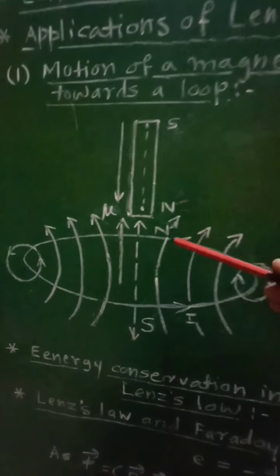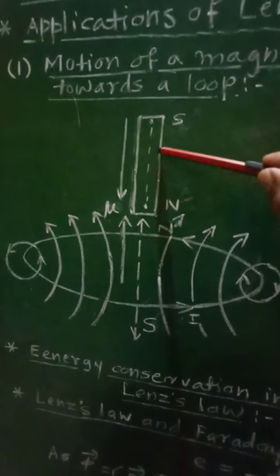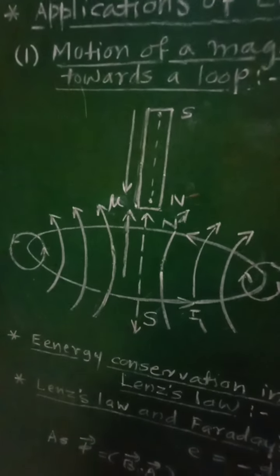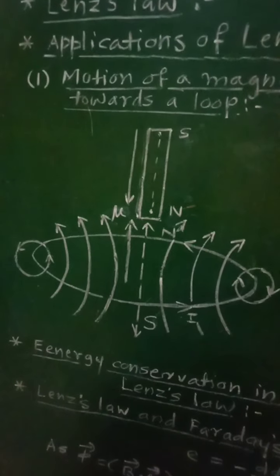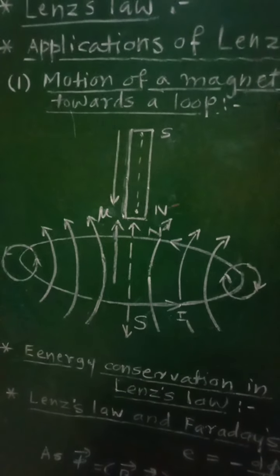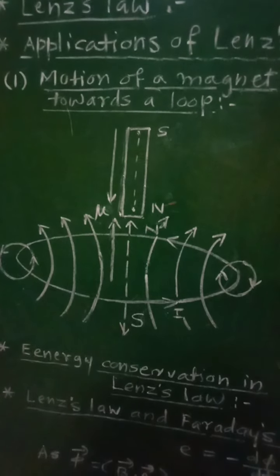So this current I will be induced into the loop due to the motion of this magnet consisting of two poles N and S. Then the induced current in the loop produces the magnetic dipole.